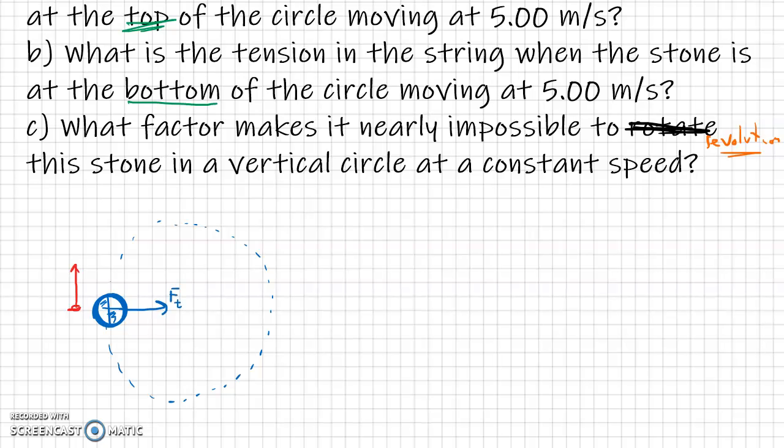All right? Gravity, as always, is going to be directed downwards. So this is the force of gravity in the downwards direction. So we have our velocity up. We have our tension directed inwards towards the center here. And we have the force of gravity, which is a downwards force there.